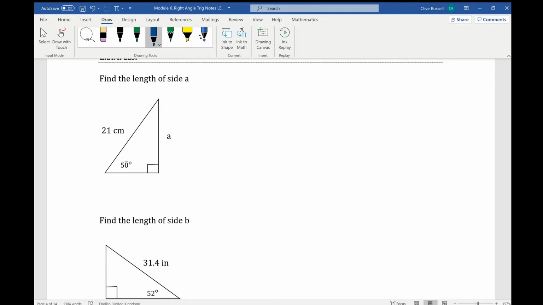So in this first case, notice that we're given a side and we're given a reference angle, and we want to find another side. So can we use the sum angle theorem?